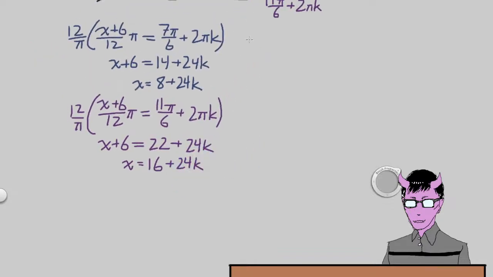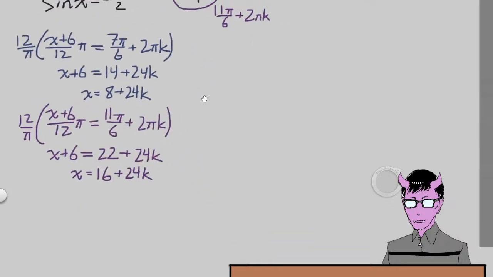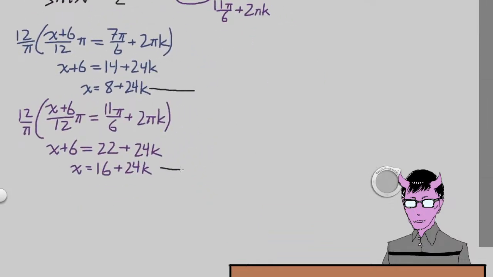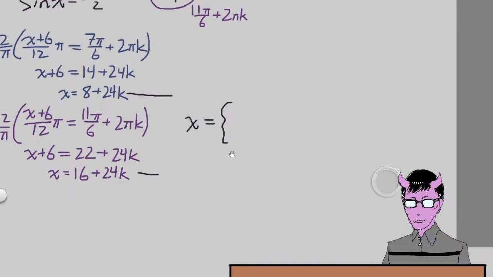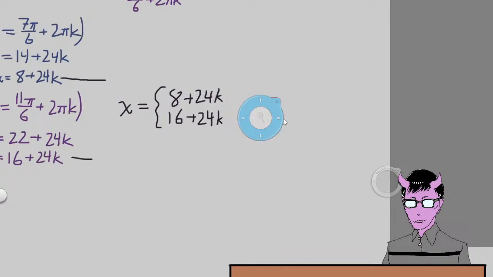And thus, we have our two answers. We have that one and that one. So x is equal to two cases, 8 plus 24k and 16 plus 24k, where k is some sort of integer.